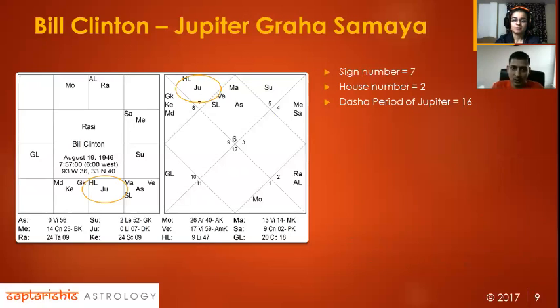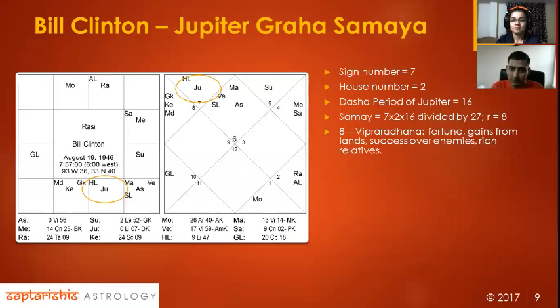The dasha period of Jupiter is 16 years, so Samaya is 8. And 8 is Vipradhana, which is Vipra plus Aradhana, I guess. It means fortune, gains of land, success over enemies, rich relatives.